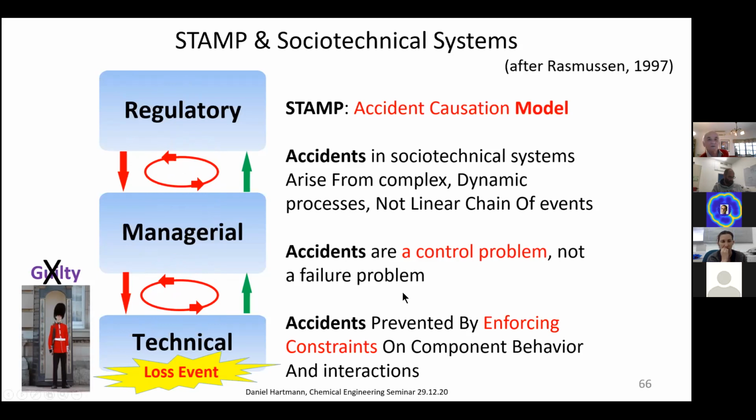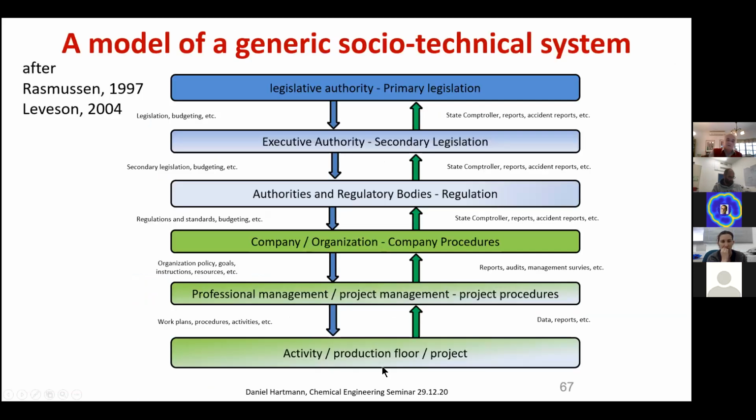Of course, you can now go deeper and put more names into it: the level of legislation, regulation, company, and so on. And there are the control actions that go down and the feedback that goes up.